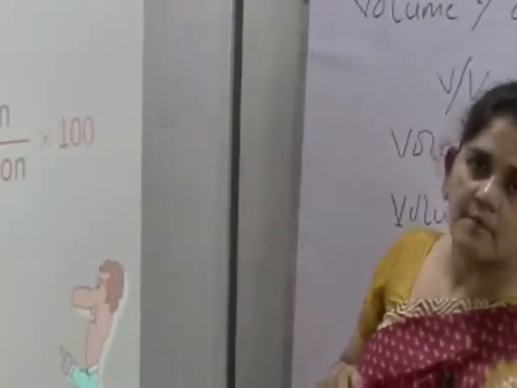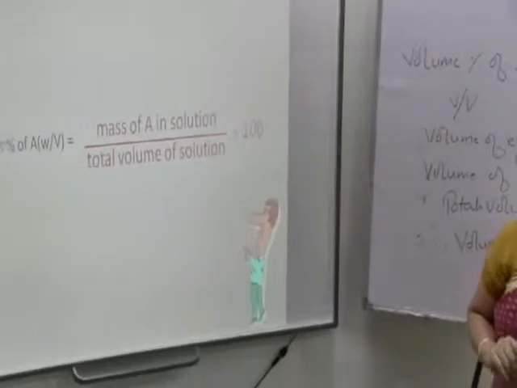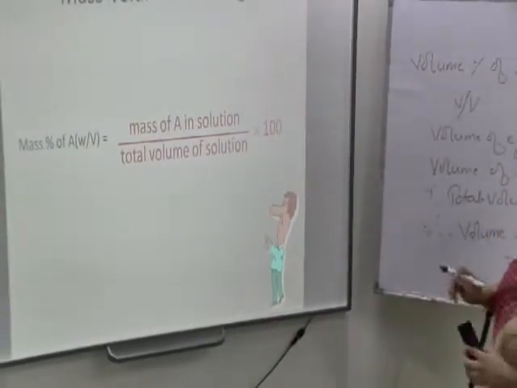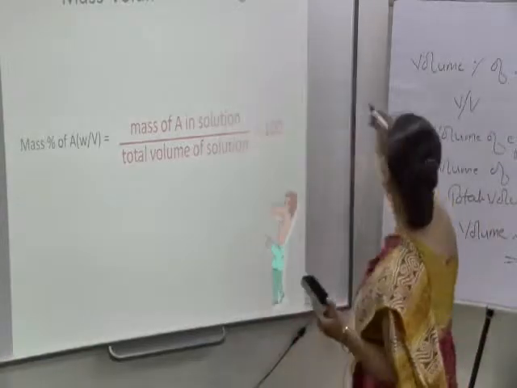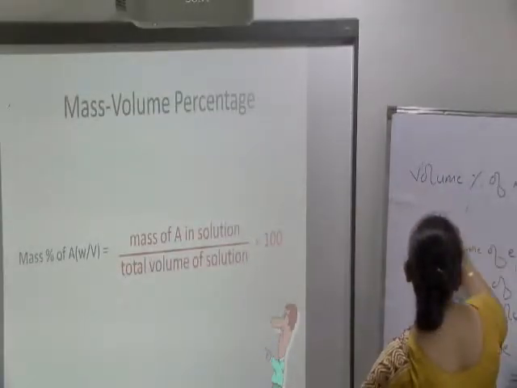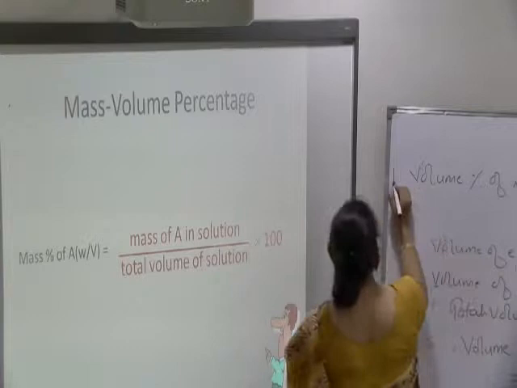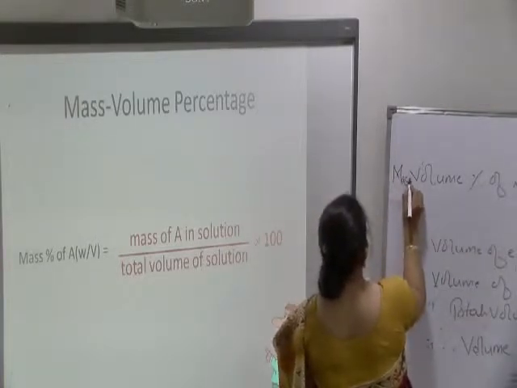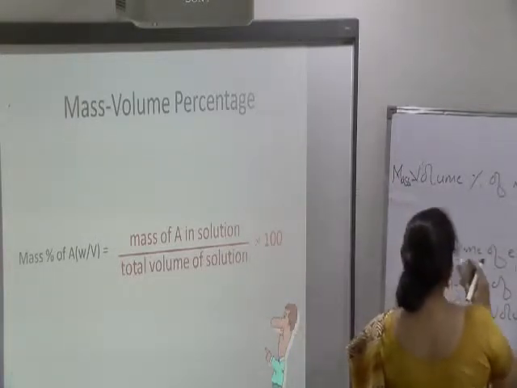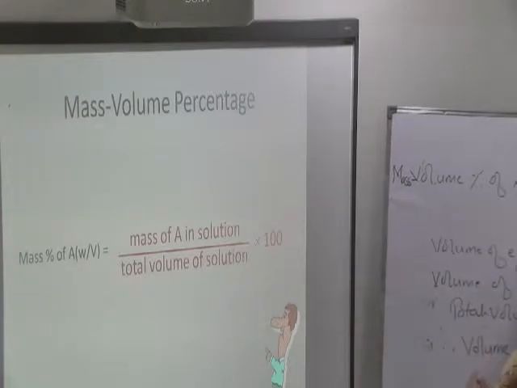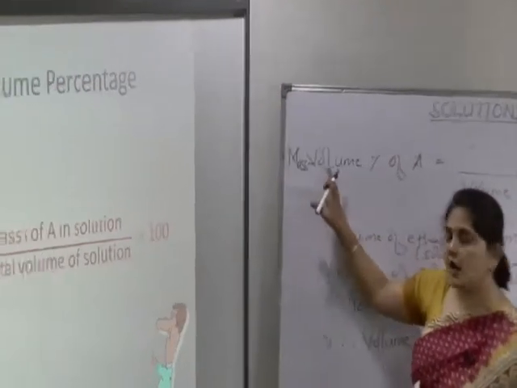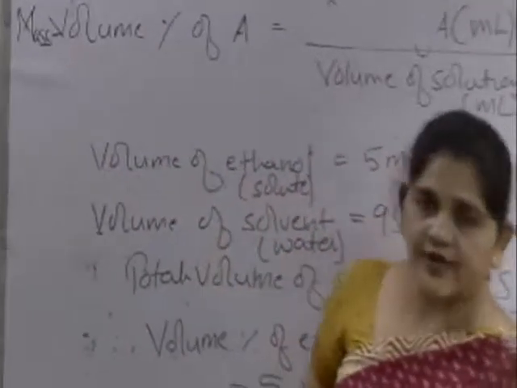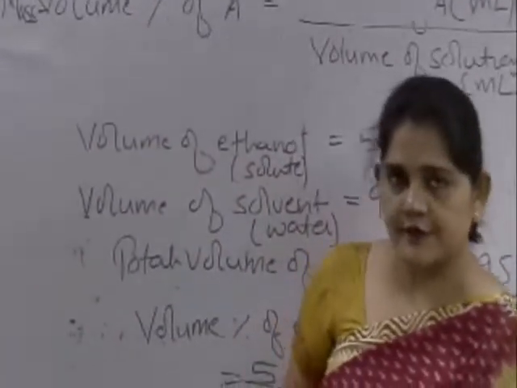The third is mass by volume. When I say mass by volume, the name itself says mass by volume. That is, the mass volume percentage is how many grams of the solute are present in 100 ml of a solution.